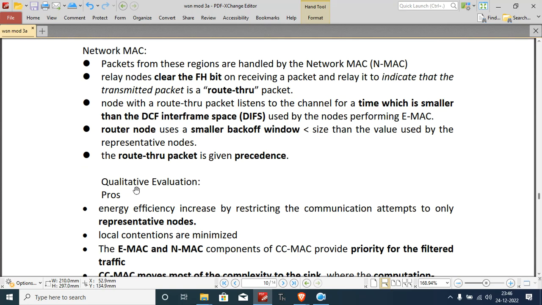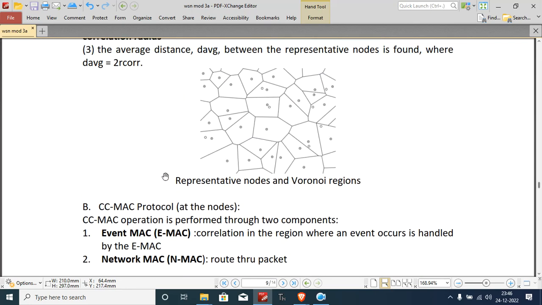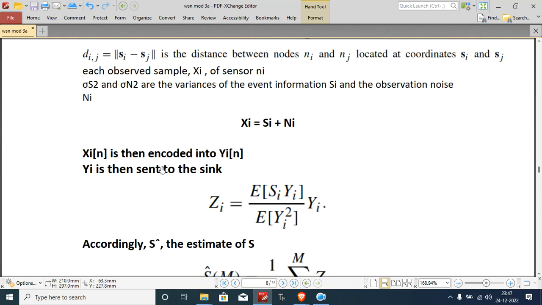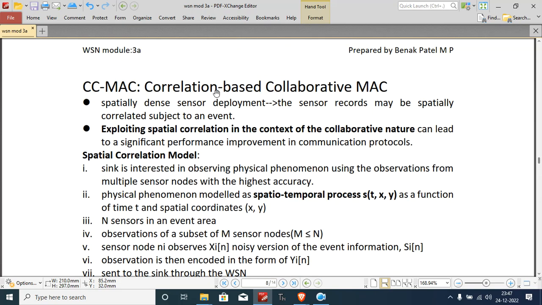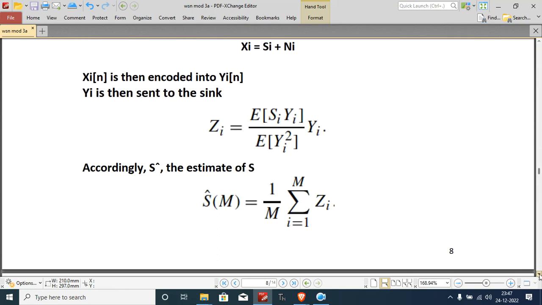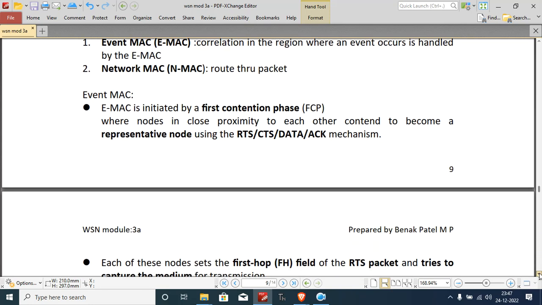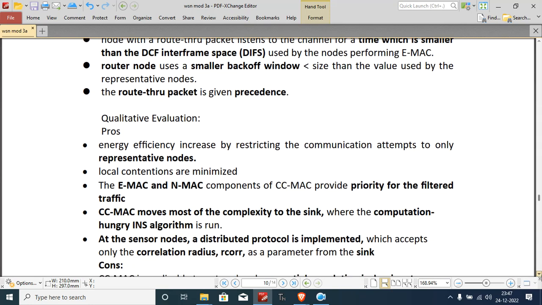And if you were to do a qualitative evaluation of this CCMAC, which stands for correlation based collaborative MAC, it has several advantages, and let's go through those advantages one by one.